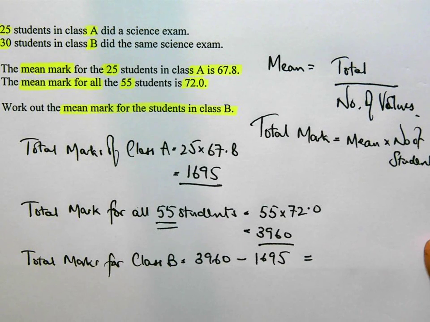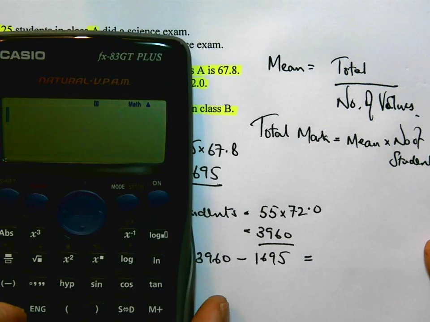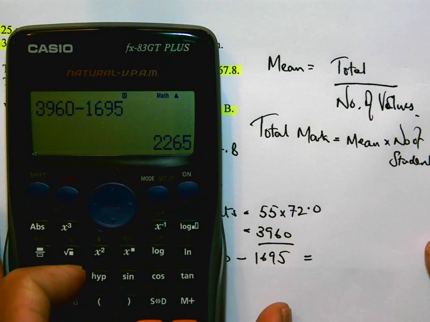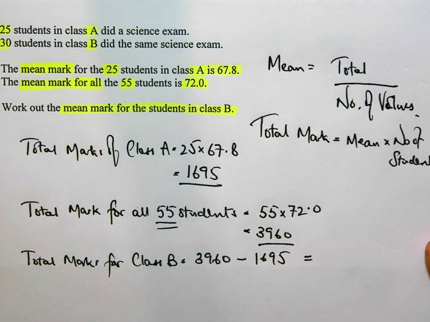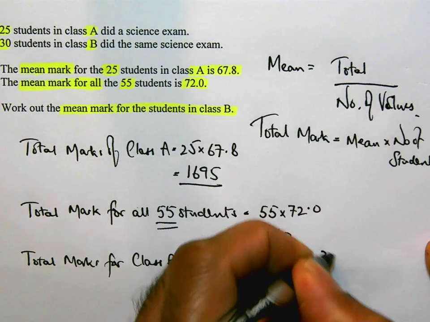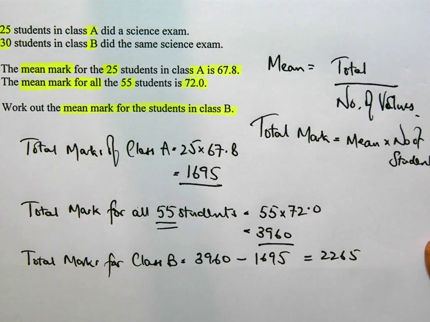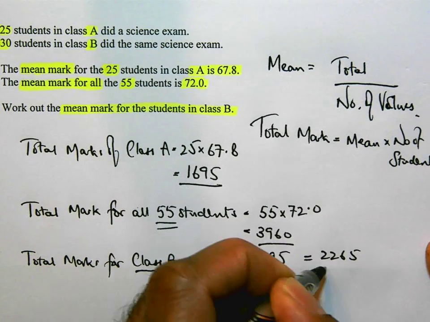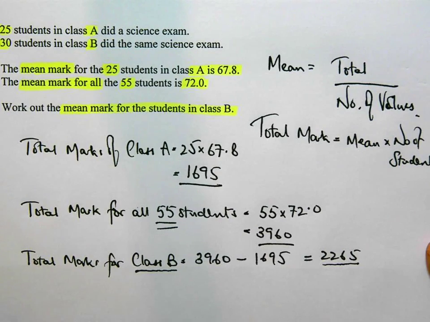Straightforward subtraction. I'm going to use my calculator to work out my result. 3,960 take away 1,695. And that's 2,265. So the total marks that students in class B got was 2,265.